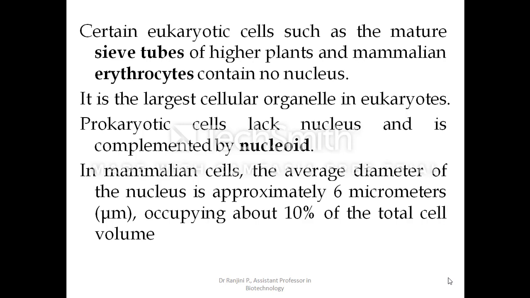Prokaryotic cells lack a true nucleus and have a nucleoid instead, otherwise called a primitive nucleus. In mammalian cells, the average diameter of the nucleus is approximately 6 micrometers, occupying about 10% of the total cell volume.